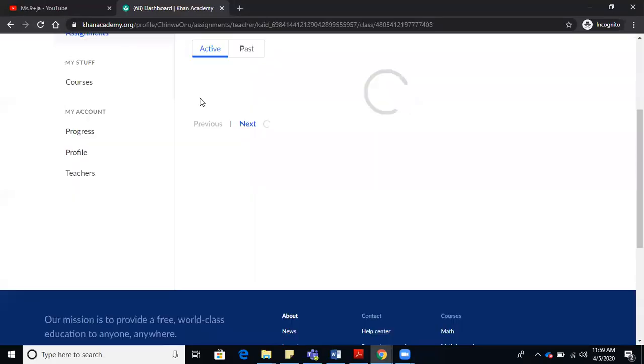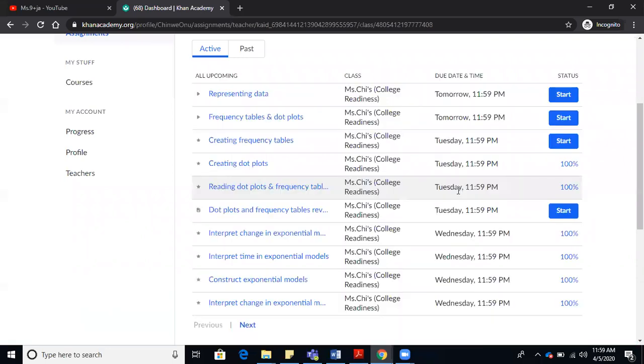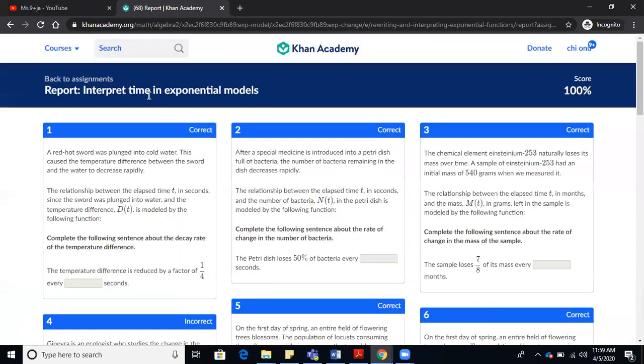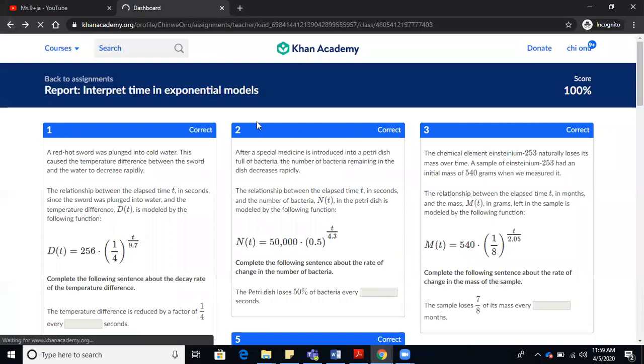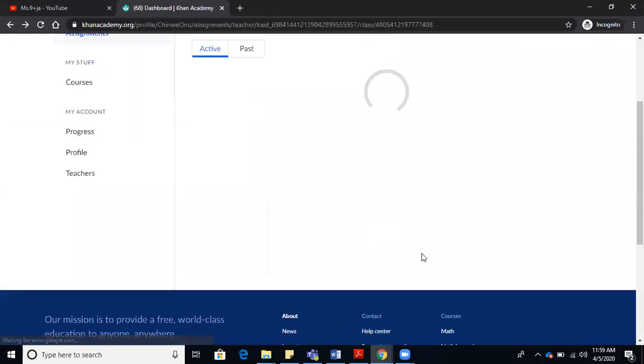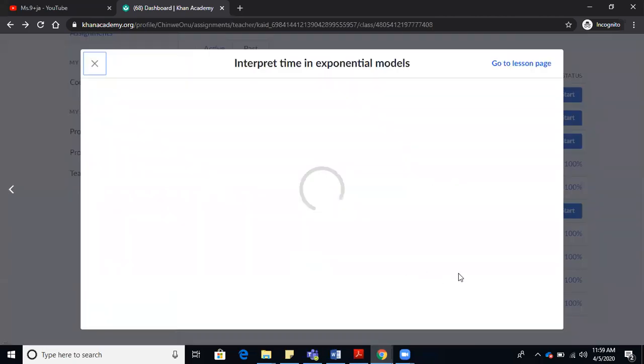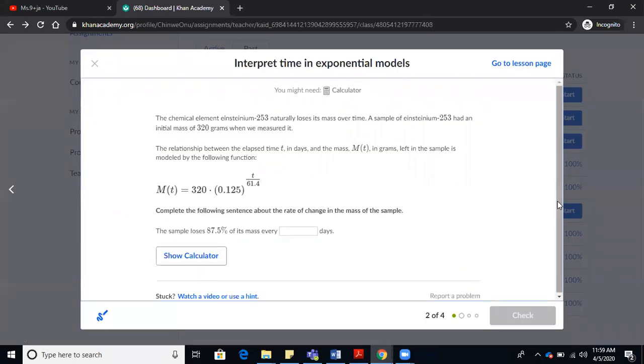Now we're going to do interpret in time. So I'm going to exit from there, and I'm going to click on interpret in time, and we're going to do one of these. So let's go ahead and do interpret in time real quick. Sorry about that. So I'm going to go ahead and do one with you.